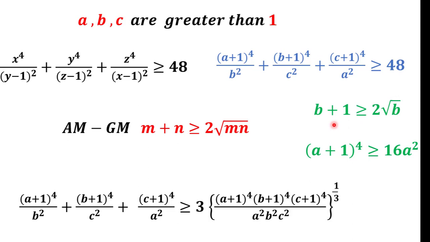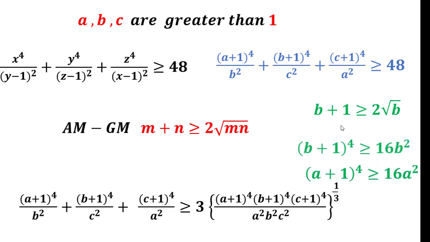And by raising both sides to the power of 4, we're going to get (b plus 1) to the power 4 is greater than or equal to 16 b squared. If we write the AM-GM inequality for c and 1, we're going to get (c plus 1) to the power 4 is greater than or equal to 16 times c squared.